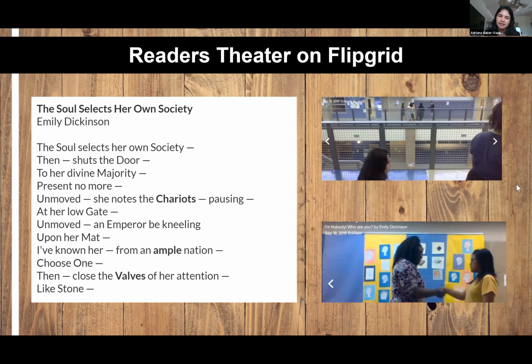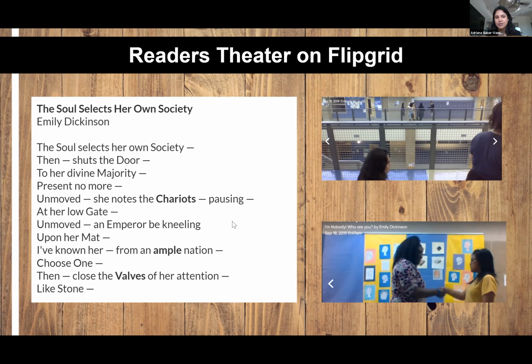One of the ways that I've incorporated it into my classroom, this was during in-person instruction when I first tried it out, and this was prior to me knowing most of the research behind it and why it's effective. At the time, I incorporated it using some curriculum from Pearson and using Emily Dickinson's poetry as part of it. This was a class where I had many students who had IEPs.